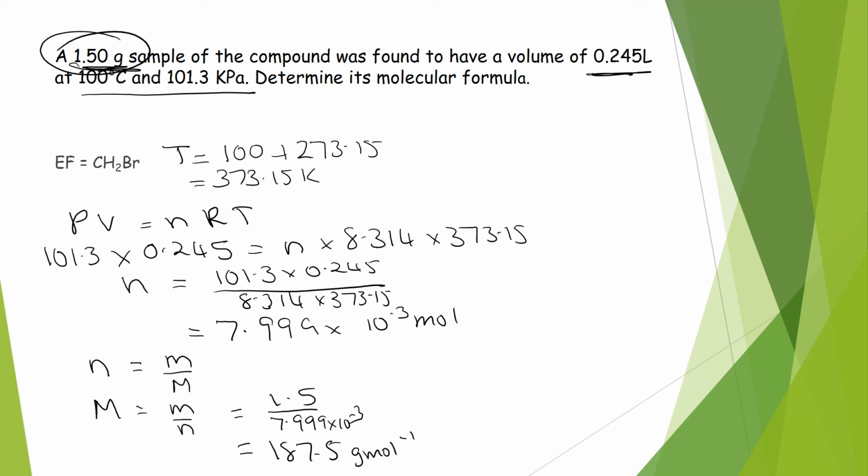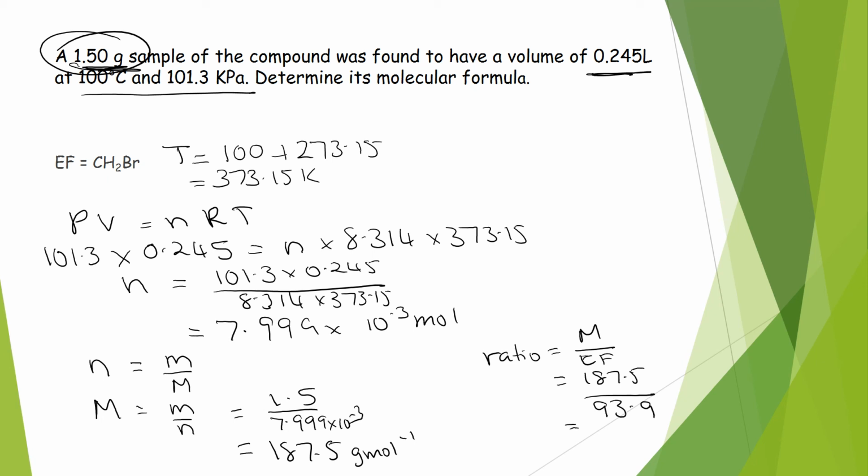Now that we know the formula mass, we can work out the empirical formula mass. So the ratio will equal the molecular formula mass over the empirical formula mass, which comes out to 187.5 divided by carbon, 12.01, add 2 times 1.008, add bromine, which is 79.9, and it comes out to 93.9.